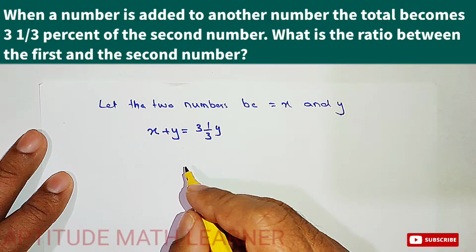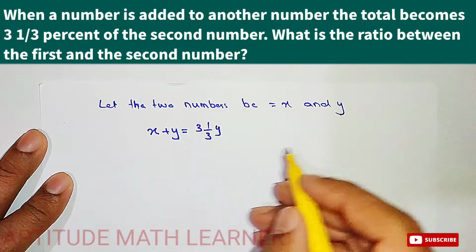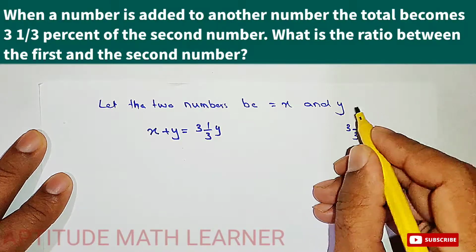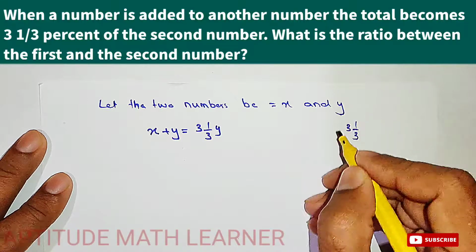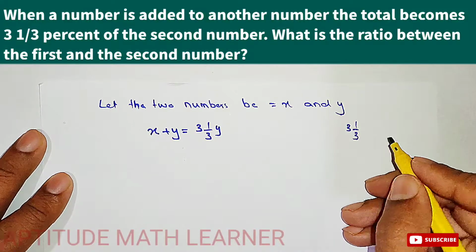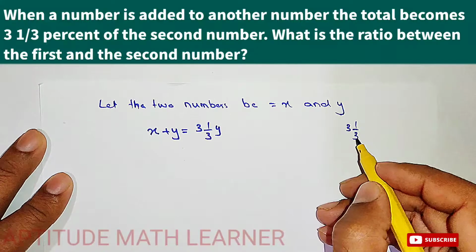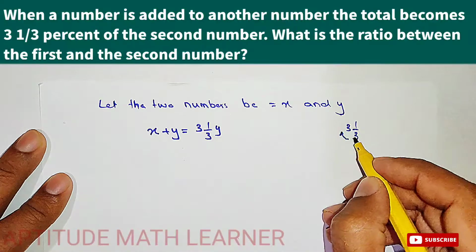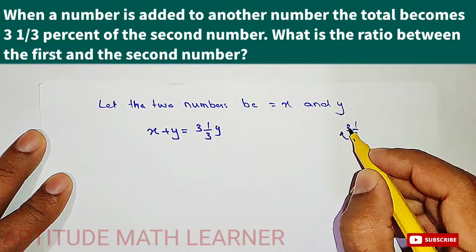Now further solving, so here we take 3/3. So if we divide any number, we get the remainder and the divider. So first thing which we have to do is 3 multiplied by 3, that is 9.